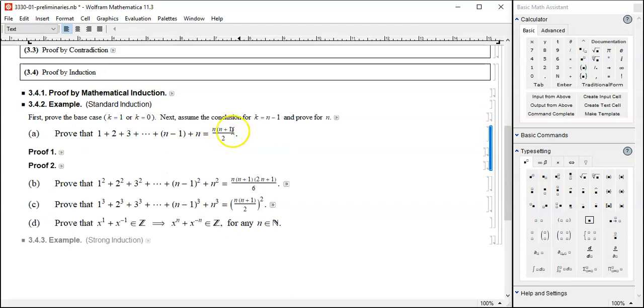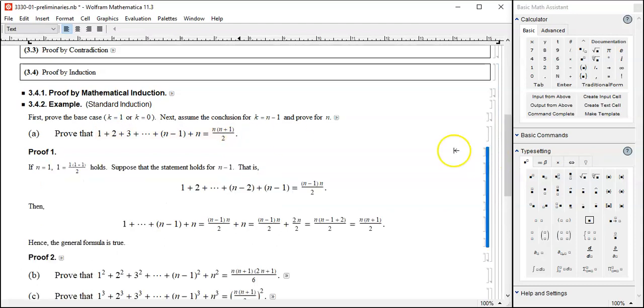Let's prove this: 1 plus 2 plus 3 plus 4 plus all the way up to n is equal to n times n plus 1 over 2. How do we prove it? Let's prove it for the base case.